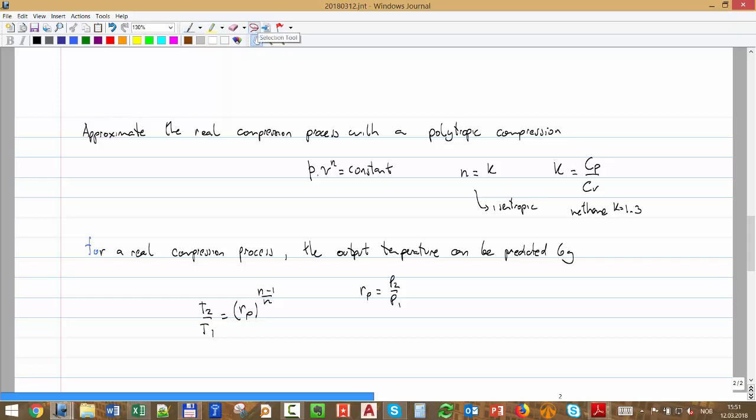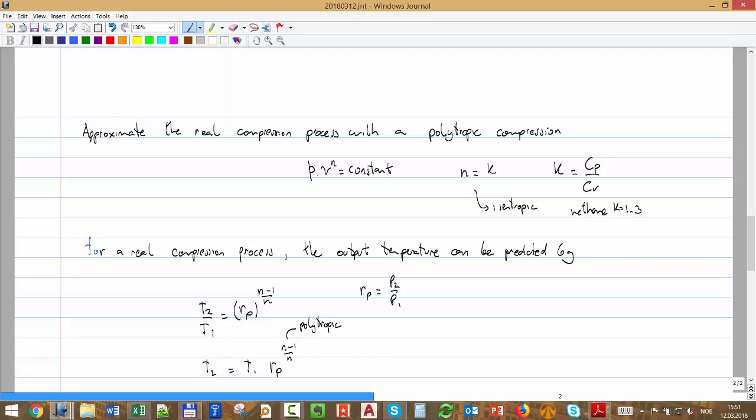I'm not going to make the derivation here, but that's just for a polytropic process. That's how I can predict the outlet temperature. The outlet temperature will be just the inlet temperature multiplied by the pressure ratio to the power of this polytropic term.